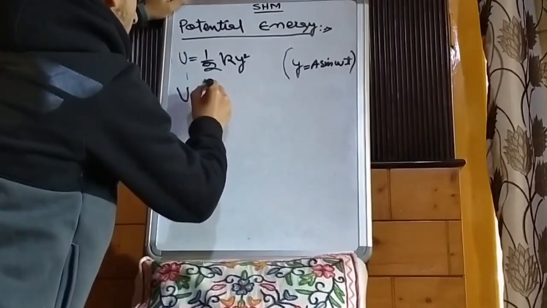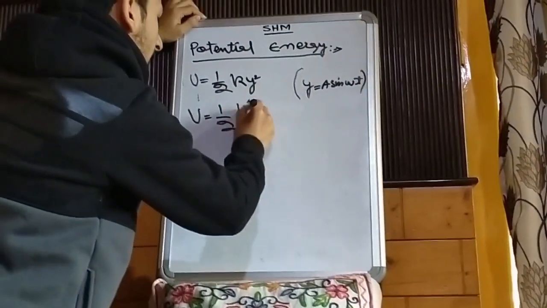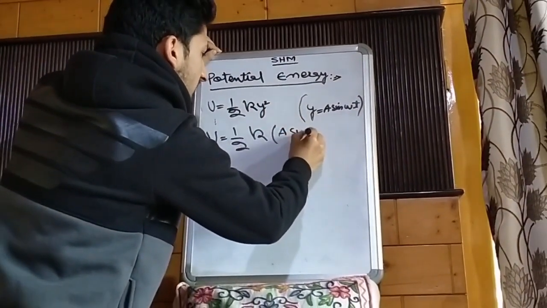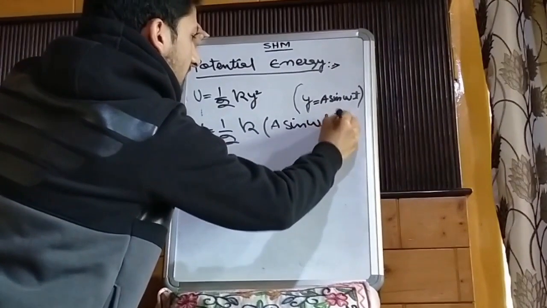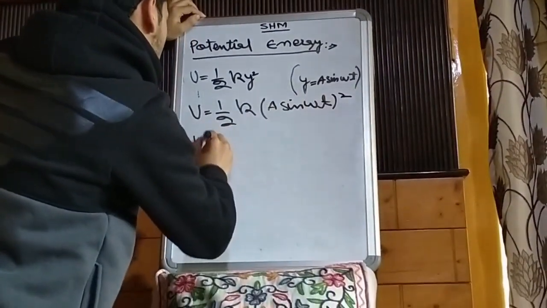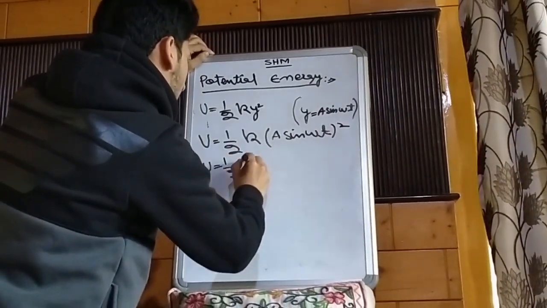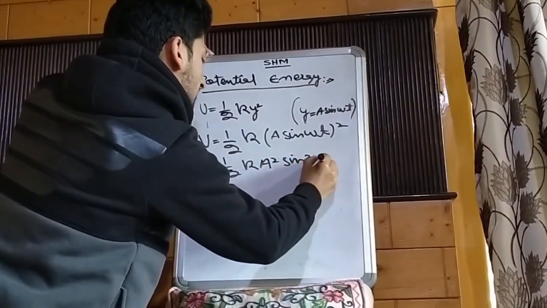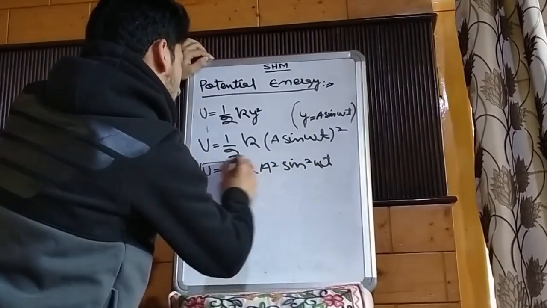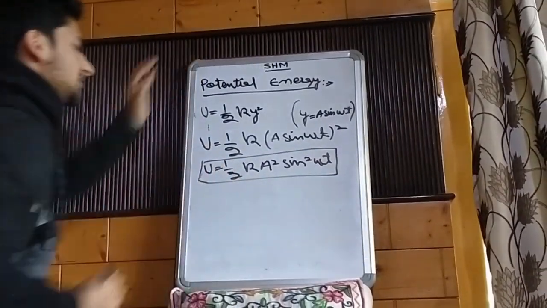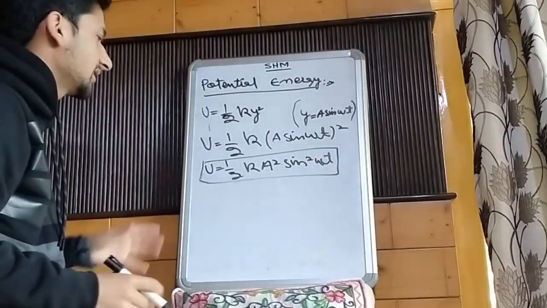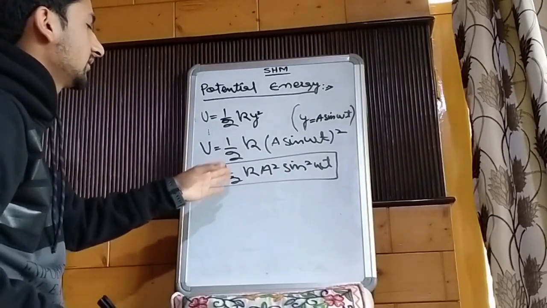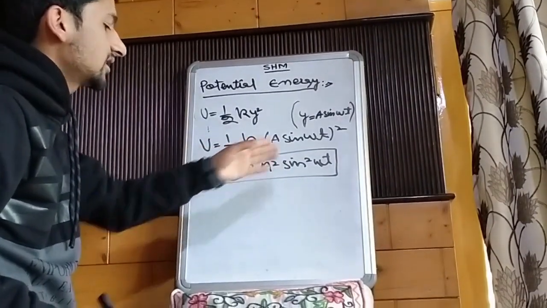So U equal to 1 half of k, replacing y by a sine of omega t, whole square. This becomes U equal to 1 half of k a square sine square of omega t. This is the expression for the potential energy of a particle executing simple harmonic motion in terms of harmonic functions.